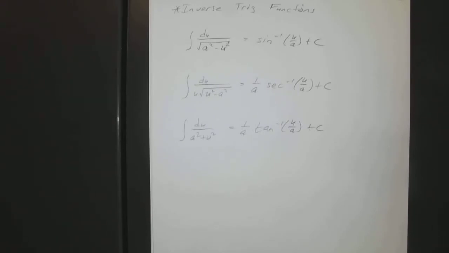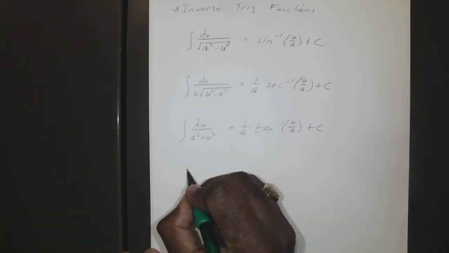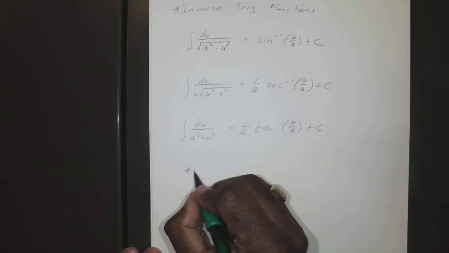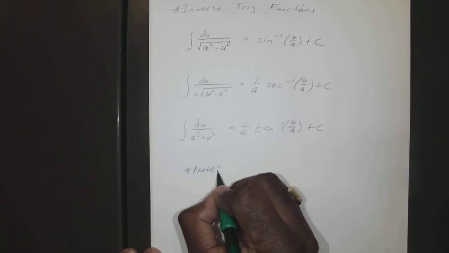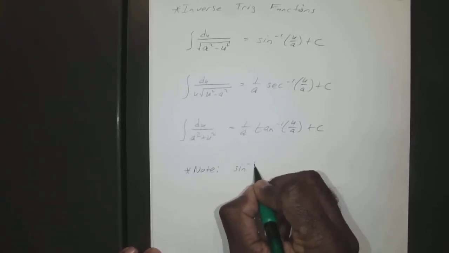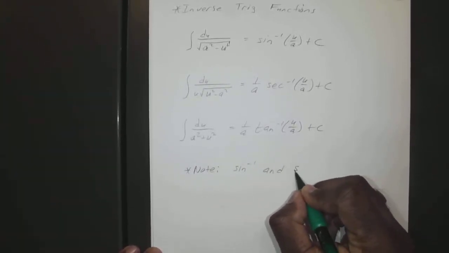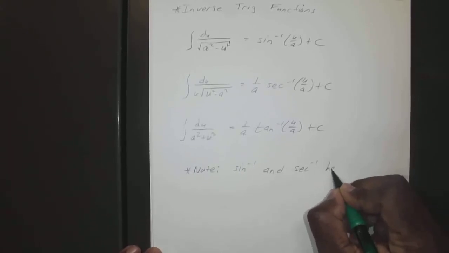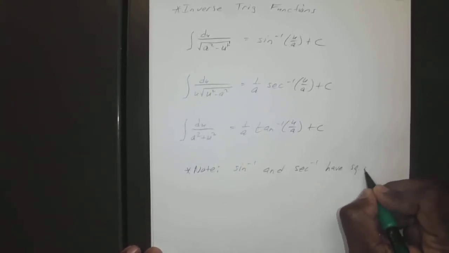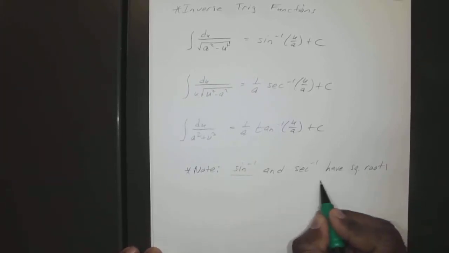Okay. Now, one way you can kind of recognize these, which usually helps to remember them, is that sine inverse and secant inverse have square roots. So you have s, s, and s.